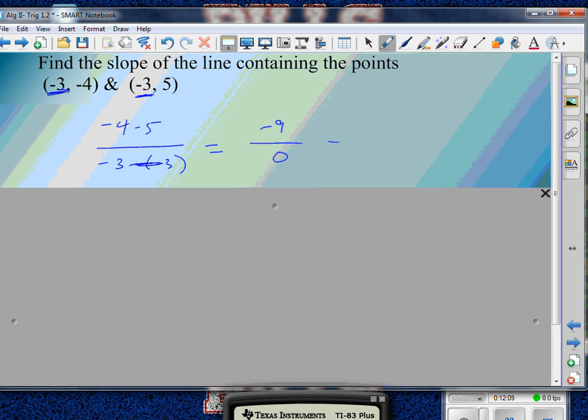Anything divided by 0 is undefined. You can put UND. If you put 0, it is marked incorrect. Something divided by 0 does not exist.